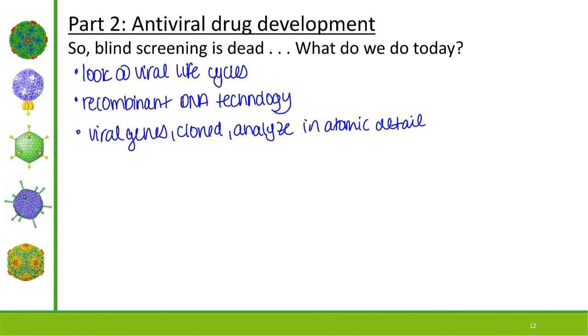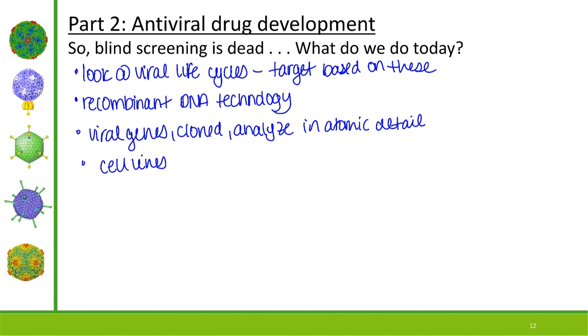And going back to this idea of looking at viral life cycles, we can of course target based on these. So rather than these blind screens, we are taking a much more specific approach. We of course have cell lines that we can work with. We can look at knocking out different parts of the cell line and getting a better understanding of how the virus is using the host cell, what it is doing in the host cell, and maybe targeting approaches that way.